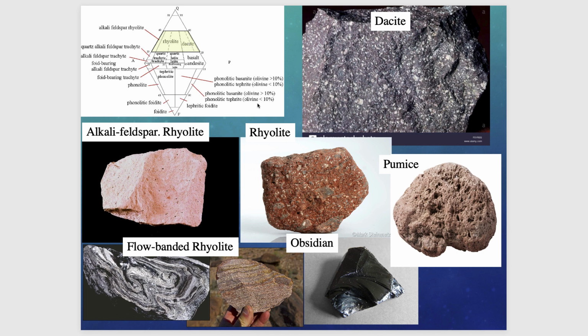Here you have other examples of felsic rocks like rhyolites, which can have more fragmental textures. Because these are commonly pyroclastic products, so related to the ejection from a volcano, you can have mixtures of the lava itself together with other things.